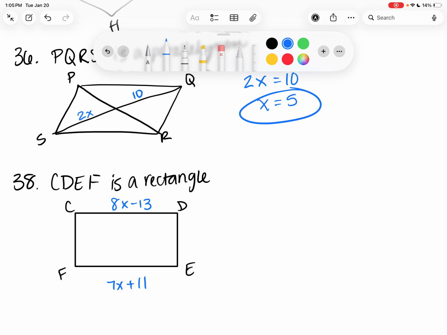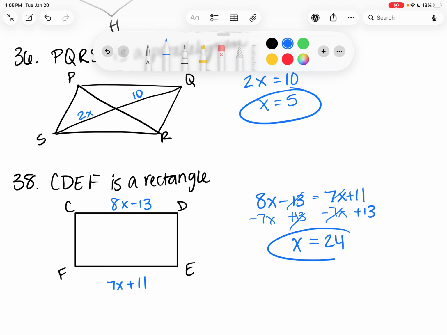The sides are equal to each other. Yep. So 8x minus 13 equals 7x plus 11. So we're going to subtract 7x and add 13 at the same time. So these 13s cancel, these 7x's cancel. 8x minus 7x is x. 11 plus 13 is 24, so x equals 24.